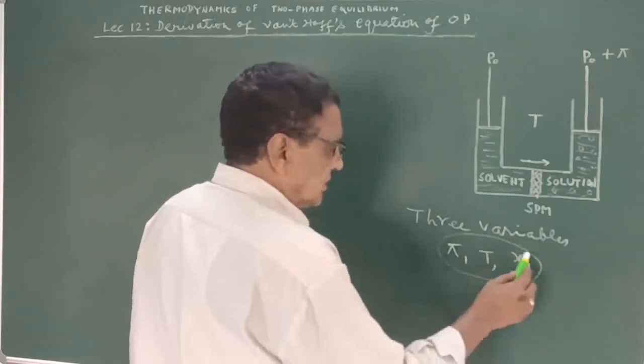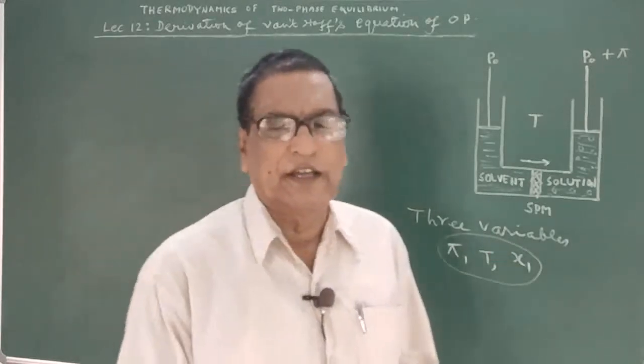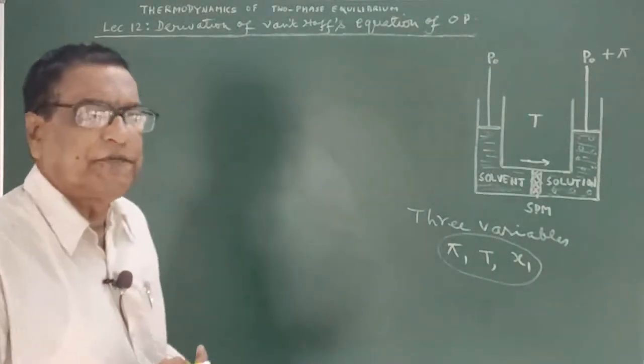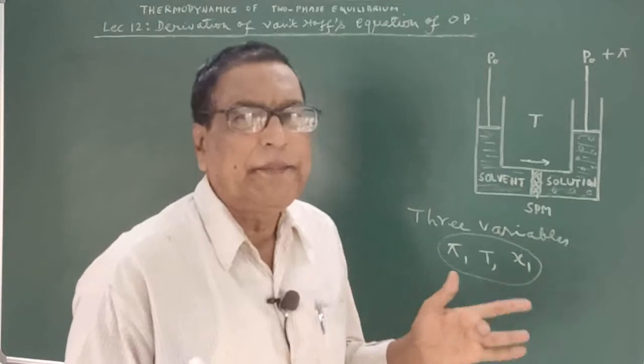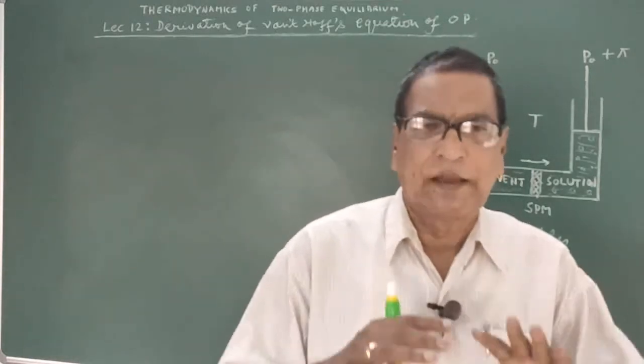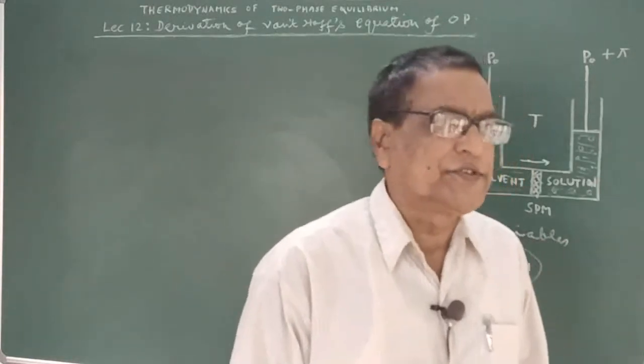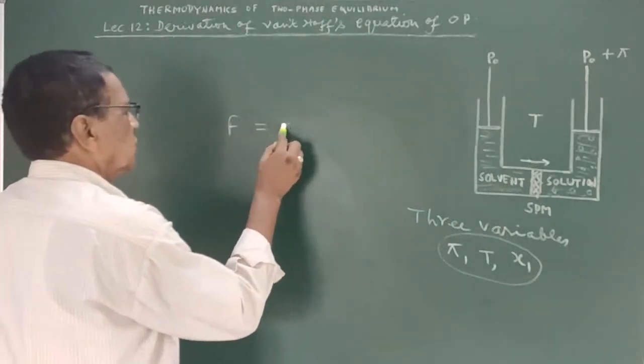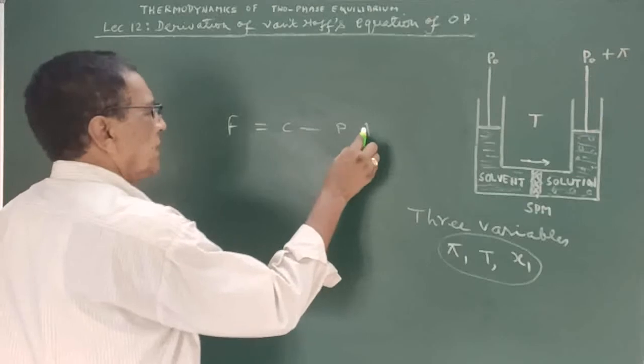But all these three variables are not independent. If we look at the phase rule derived by the American scientist William Gibbs, we have F equal to C minus P plus 2.